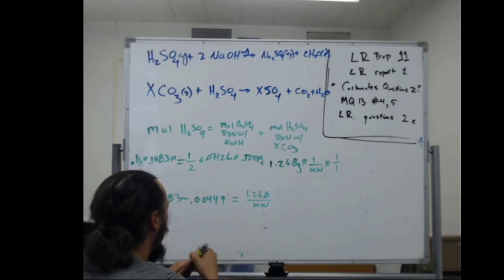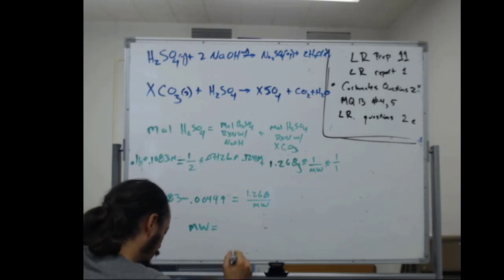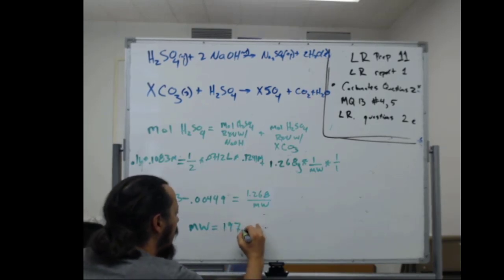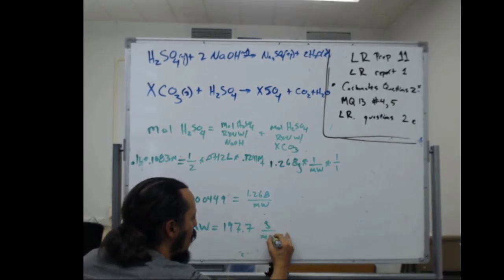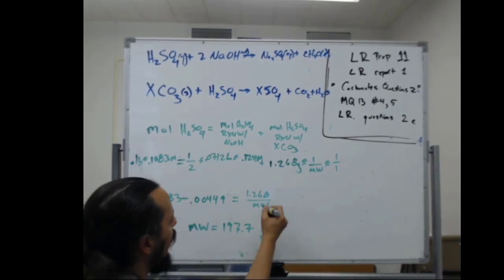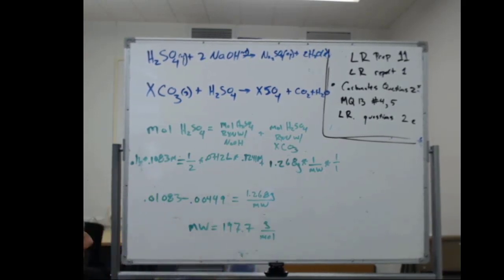And I get a molecular weight equal to 197.7 grams per mole. Taking this amount of grams, dividing by that amount of moles of just the carbonate reacted should give me my molecular weight.